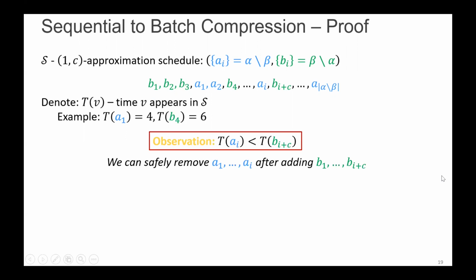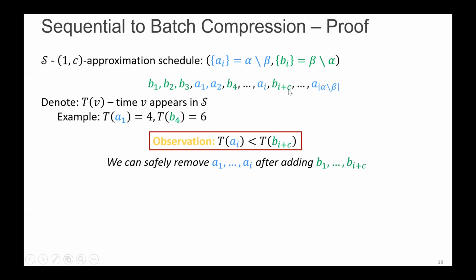With these definitions, we can come to one observation. The observation is that the time of B_{i+c} is larger than the time of A_i. Sounds pretty technical, but what does this mean? We are in this situation. There might be some vertices in between, but we show that A_i comes in the schedule before B_{i+c}.